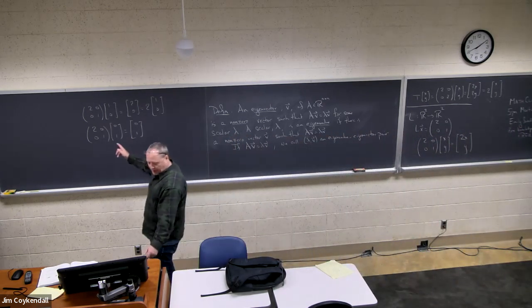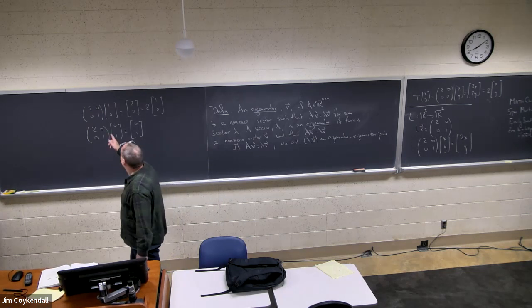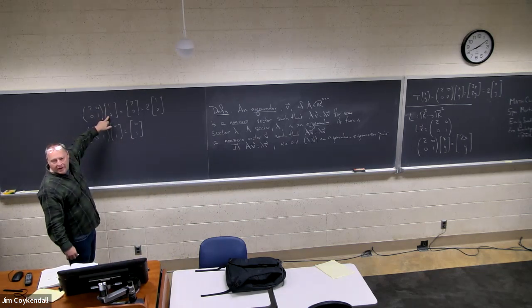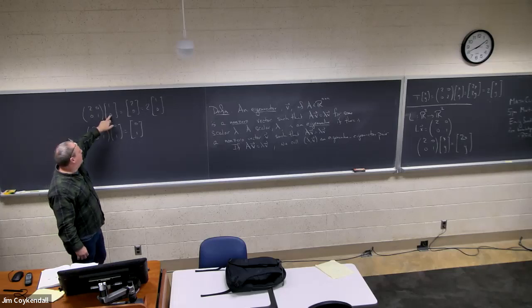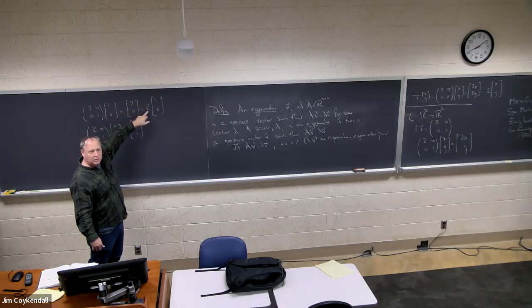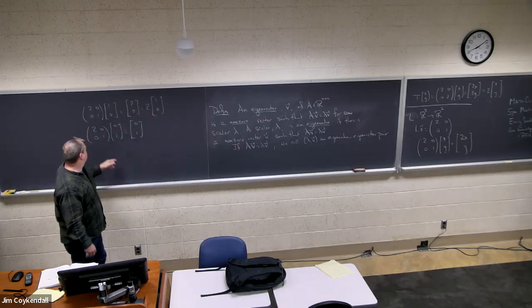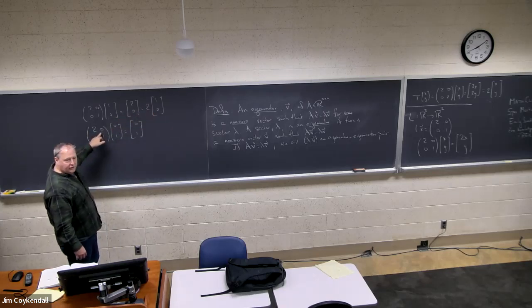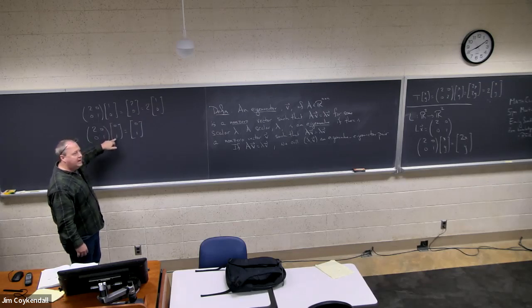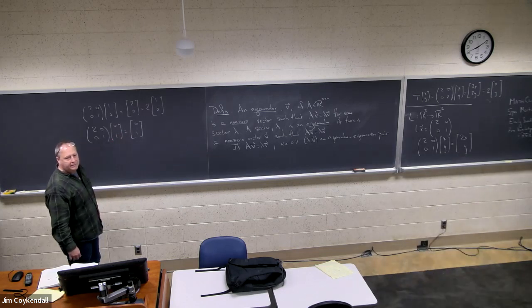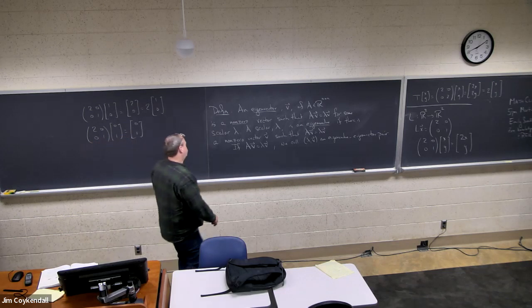In this example right here, (1, 0) is an eigenvector corresponding to the eigenvalue 2. So 2 and (1, 0) is an eigenvalue-eigenvector pair. For the same matrix, (0, 1) is an eigenvector for the eigenvalue 1. Everybody okay?